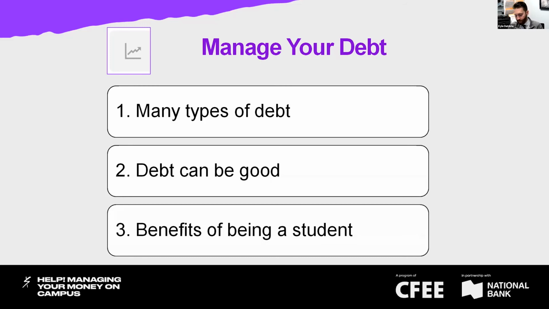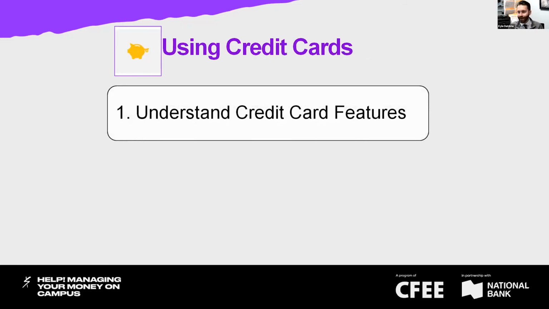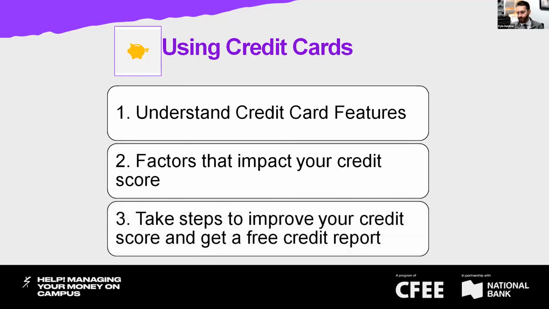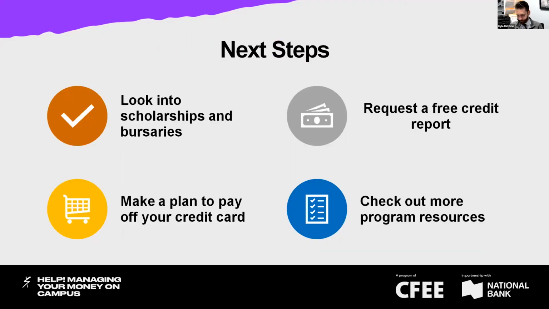Students can get lower fees on bank accounts, credit cards, loans, etc. In our last section, using credit cards, we want to understand how credit cards work, especially interest charges and the pitfalls of only paying the minimum monthly balance. And then what are the key factors for your credit score? Like we said, payment history and credit utilization, and making sure that you get that free credit report.